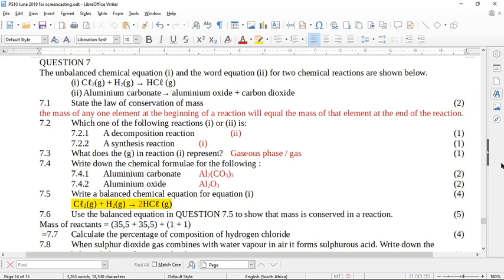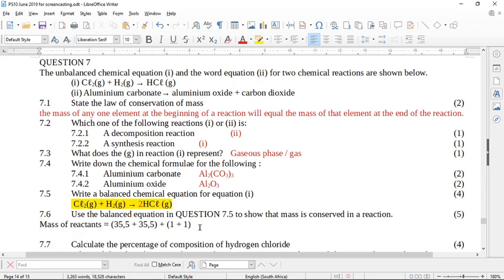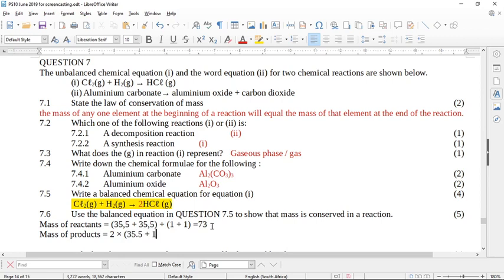Okay, so if you put this into your calculator, 35.5 and 35.5 plus 1, what is my mass of my reactants in your calculator? It gives you 73. Okay, and then we go mass of products. Okay, and now the coefficient is 2, so it's going to be 2 times, what have we got here? 1 chlorine at 35.5 and 1 hydrogen.